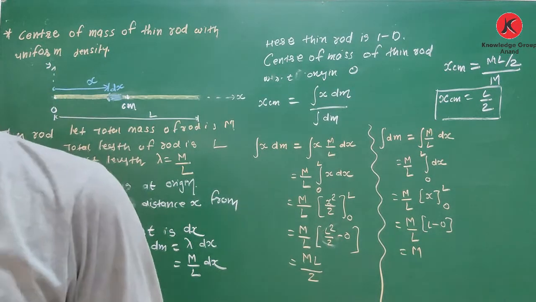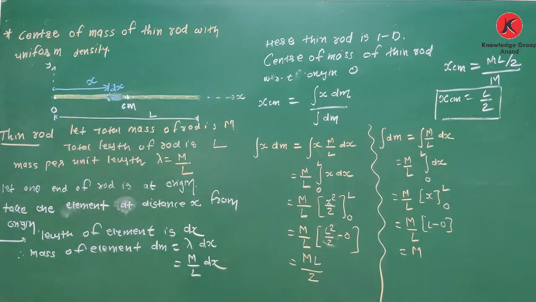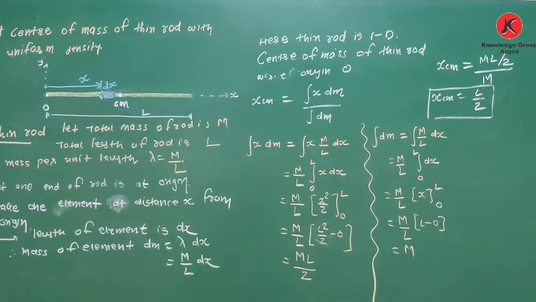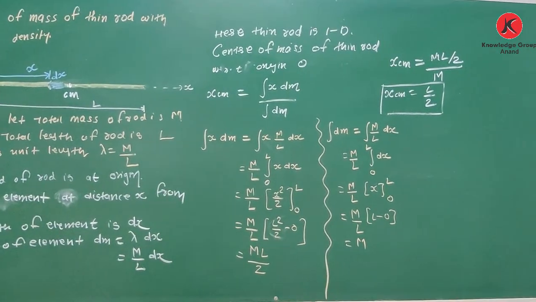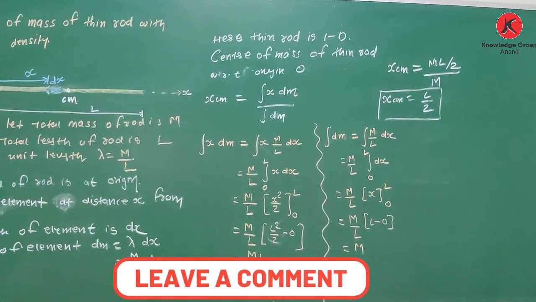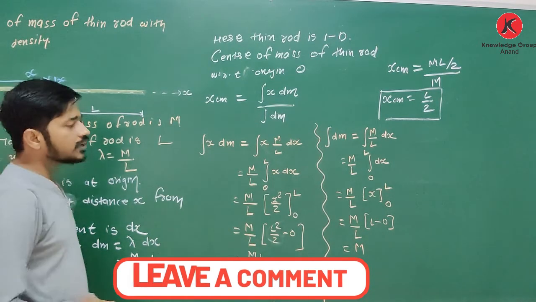So if an object has uniform mass density, then its center of mass is at its geometrical center.